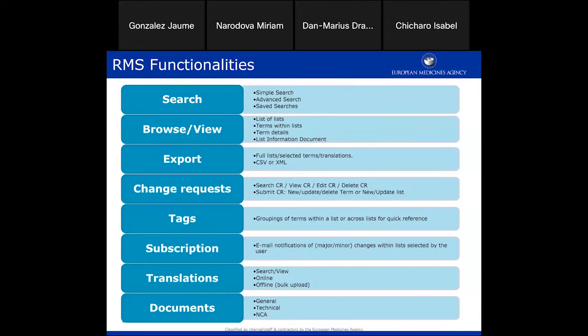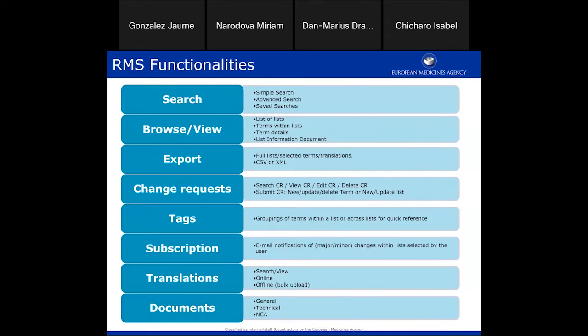Users can search, view, edit, or delete change requests, and they can submit change requests to either create, update, or delete terms, or to create or update lists. RMS also allows users to group terms within a list or across lists through the use of tags.